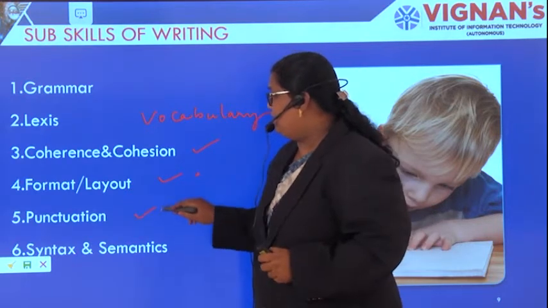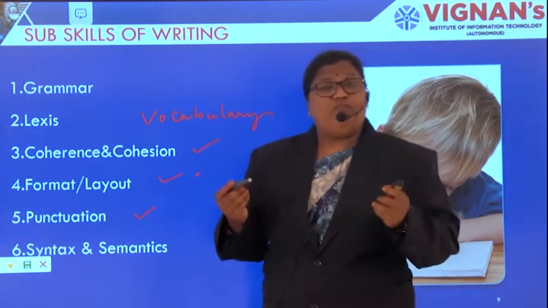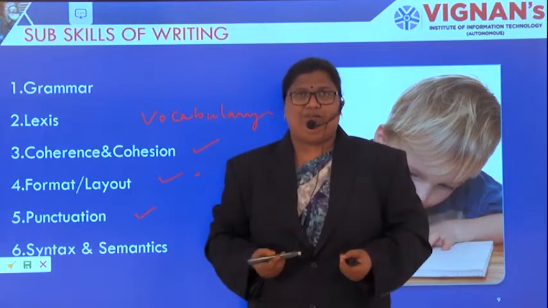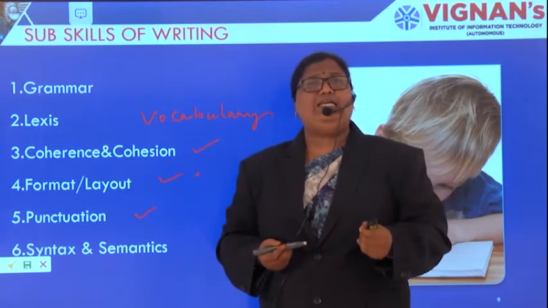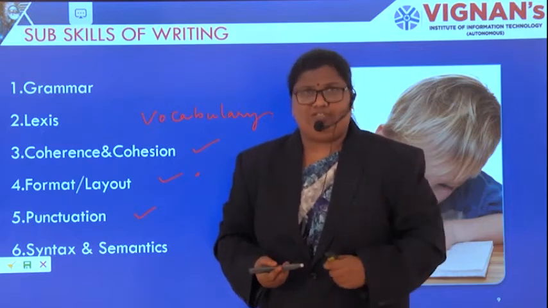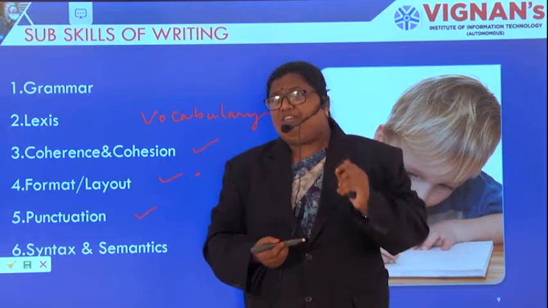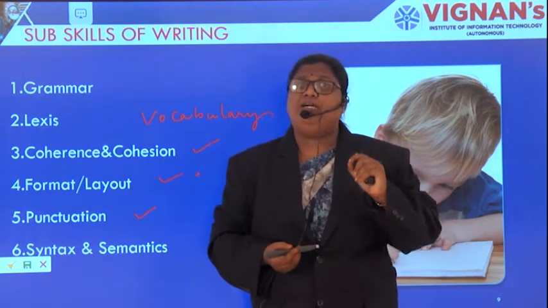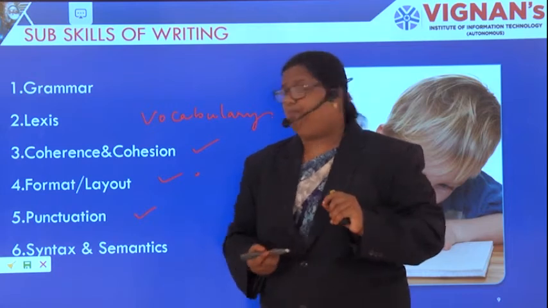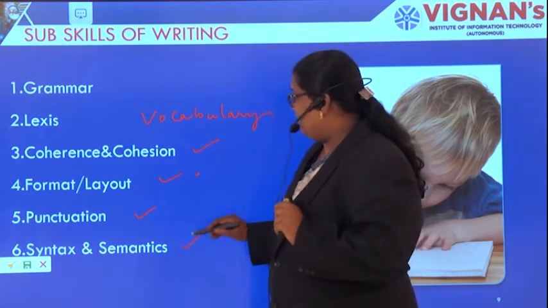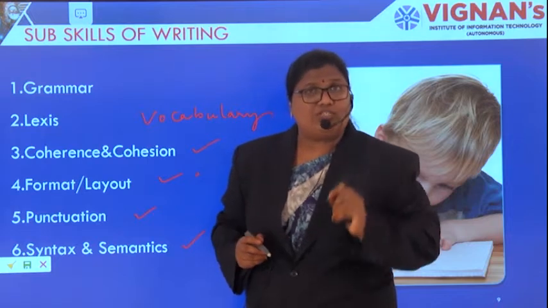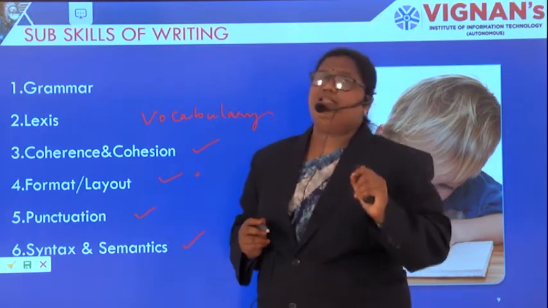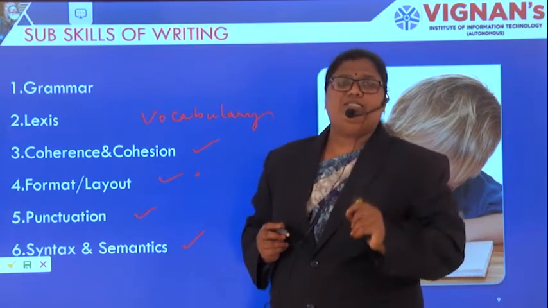And punctuation is very, very important, because when you're using any statement, if there is a difference in the punctuation, automatically the meaning gets changed. So be very, very cautious when you are keeping a punctuation mark. And syntax and semantics. Syntax is nothing but sentence structure, and semantics is nothing but meaning of a sentence.